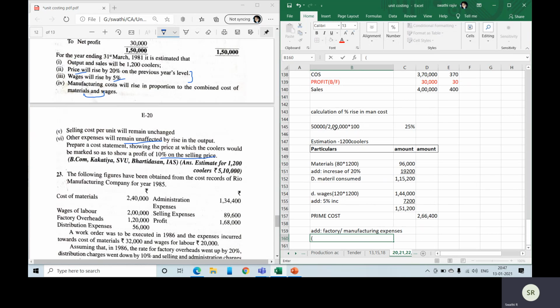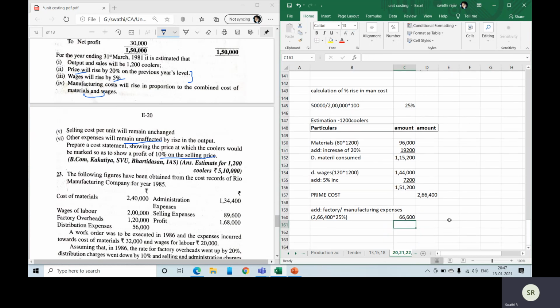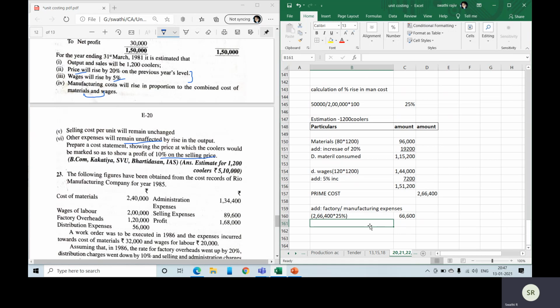Out here we found that it is 25% on your prime cost, right? So what is your prime cost out here? It's 2,66,400 into 25% is going to be your calculation, and you will get the amount as 66,600, and this will lead us to factory cost or works cost.